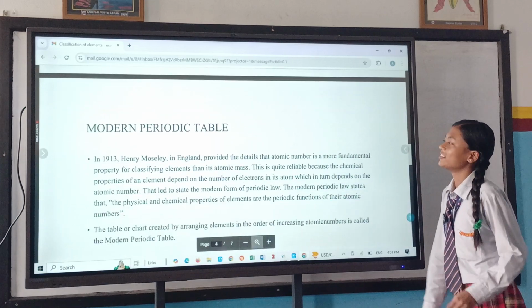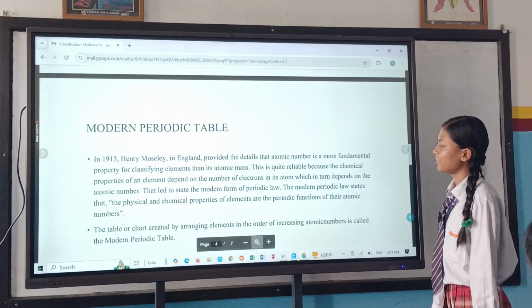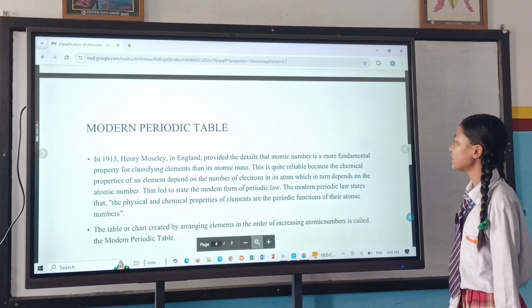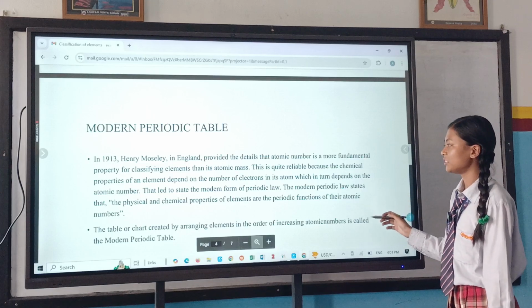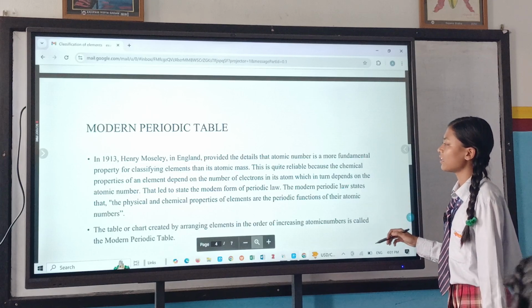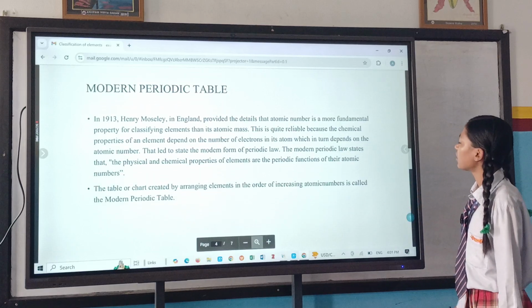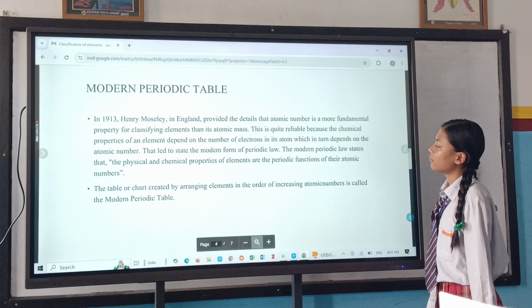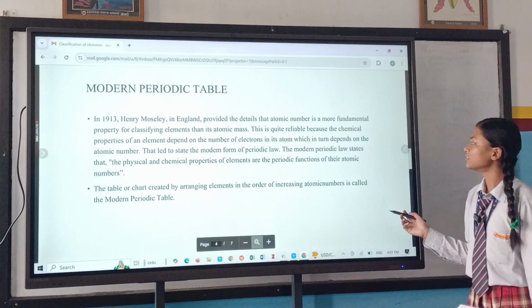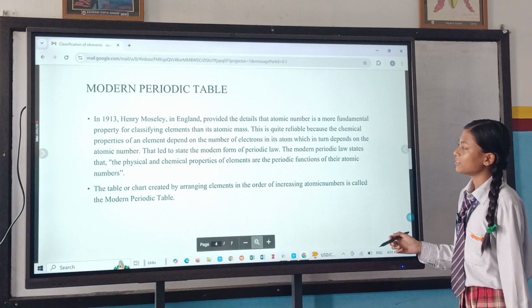Modern periodic table. In 1913, Henry Moseley in England provided the details that atomic number is a more fundamental property for classifying elements than atomic mass. This is quite reliable, but the chemical properties of an element depend on the number of electrons in the atom, which in turn depend on the atomic number.